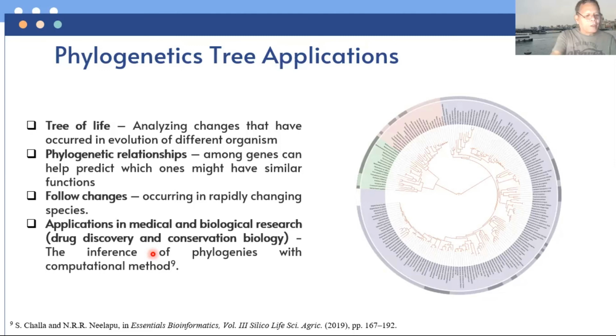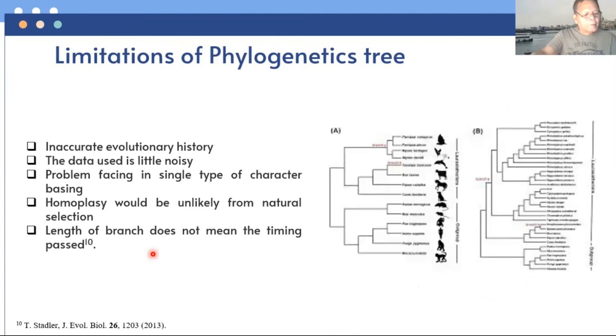Several limitations of a phylogeny tree can be seen in this slide. The first one is inaccurate evolutionary history. The data used is a little noisy. Problems are faced with a single type of character basing. Homoplasy would be unlike natural selection.